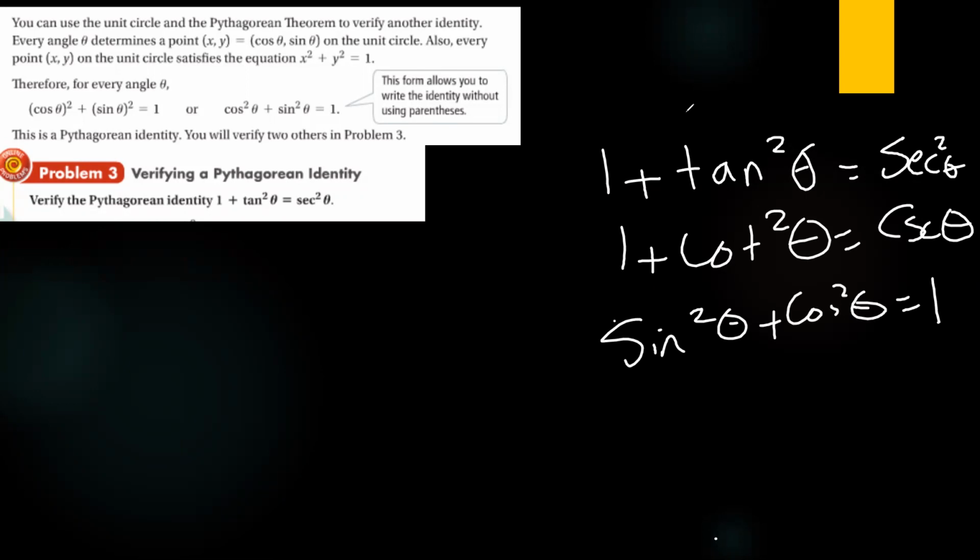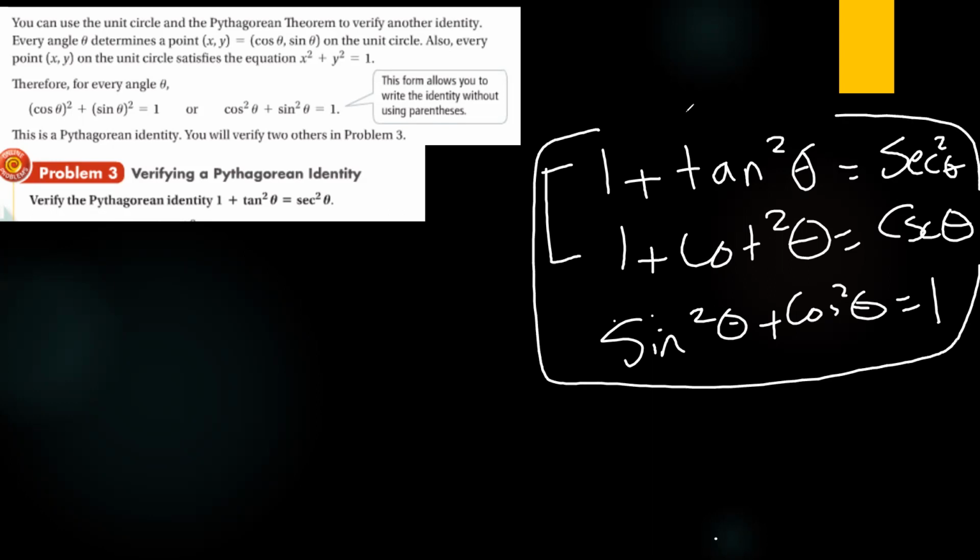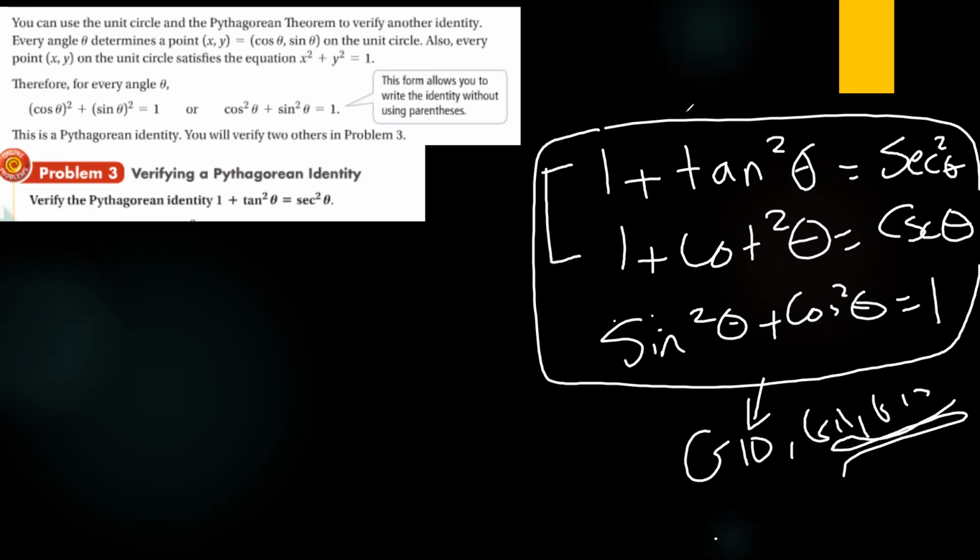But the first two, that 1 plus tan squared is secant squared, is not like sine plus cosine being 1. These 3 are very, very, very important. You need them in grade 10 and in grade 11 and grade 12 in calculus. Don't forget them.